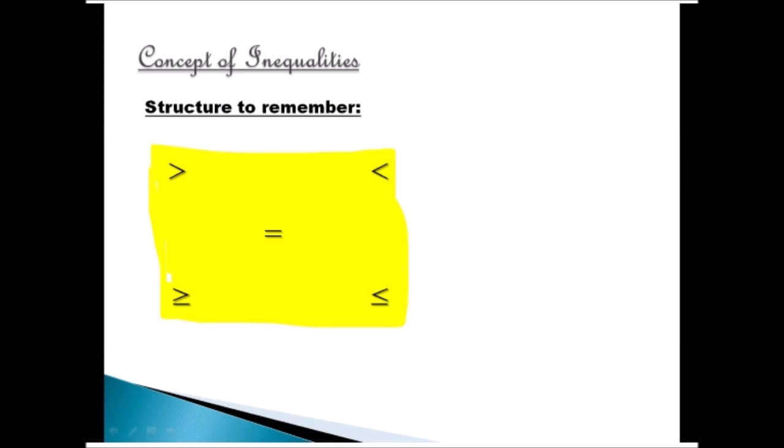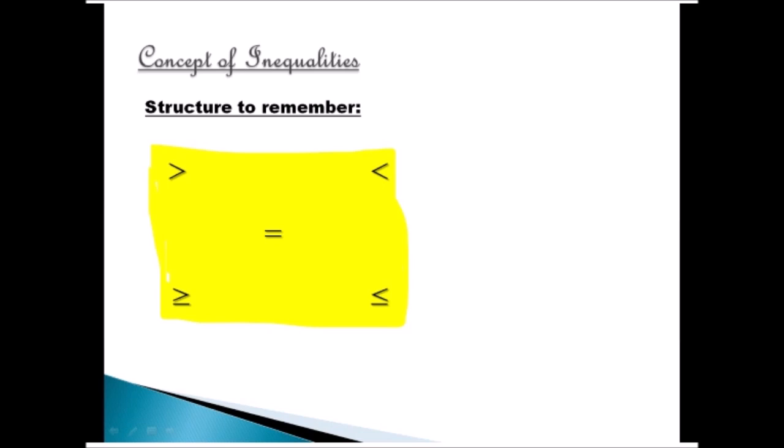Actually this one we will use in coded inequality, but you have to remember this structure. Right now this is not useful in normal inequality, but in coded inequality we will use this structure to solve equations in an easy way.